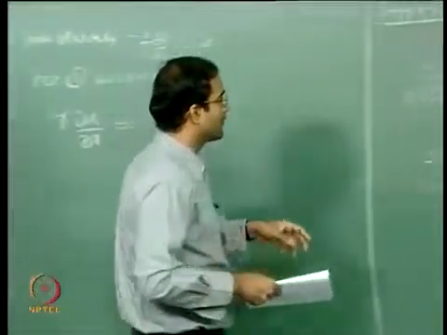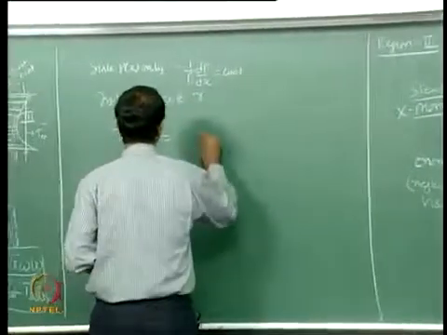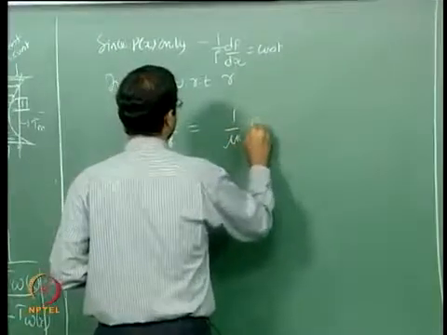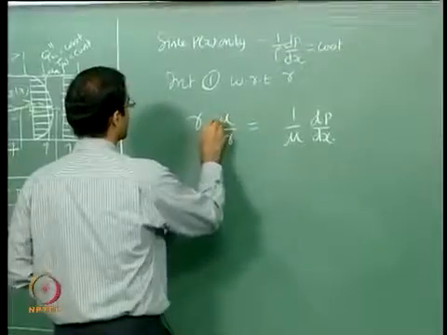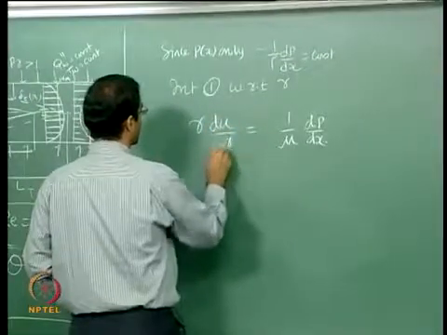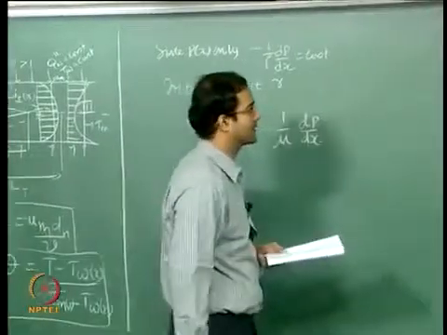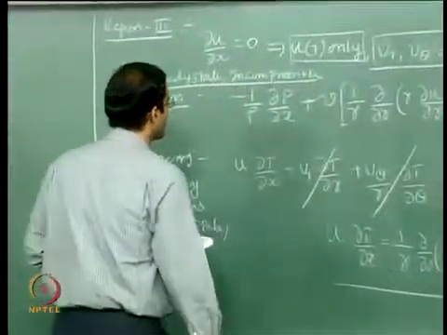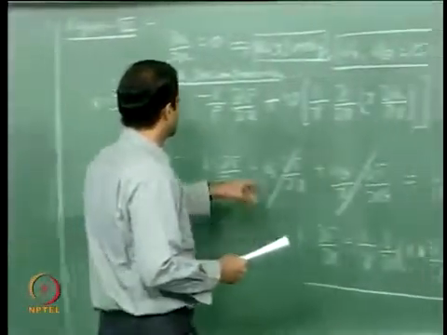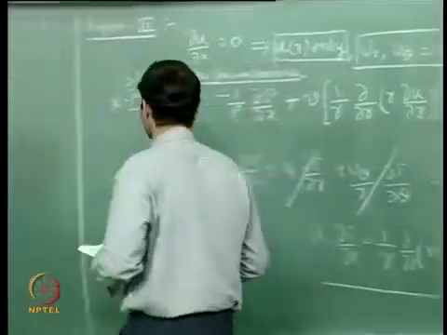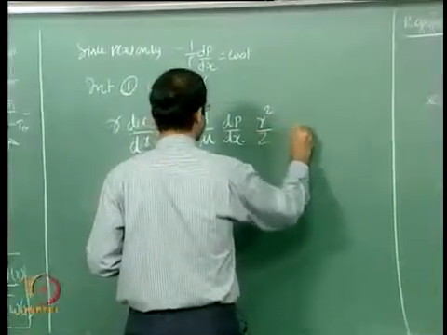So this will be nu by rho, rho cancels, this will be 1 by nu dp by dx. So I can replace the partial derivative with an ordinary derivative, because u is a function of only r and p is a function of x here. So there will be an r square by 2 right here, r square by 2 plus c1.